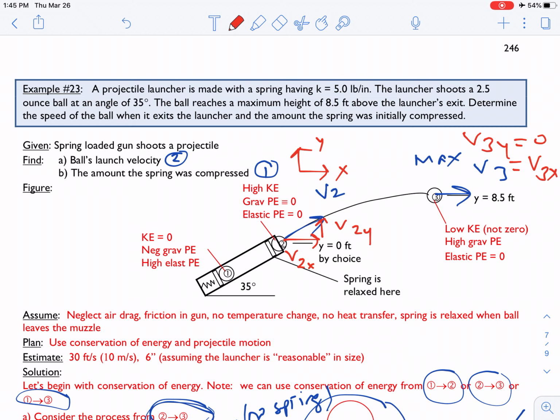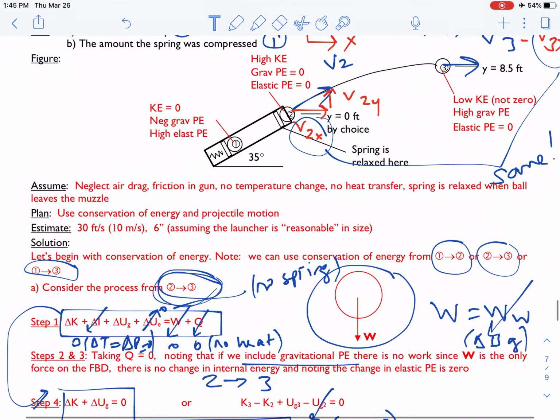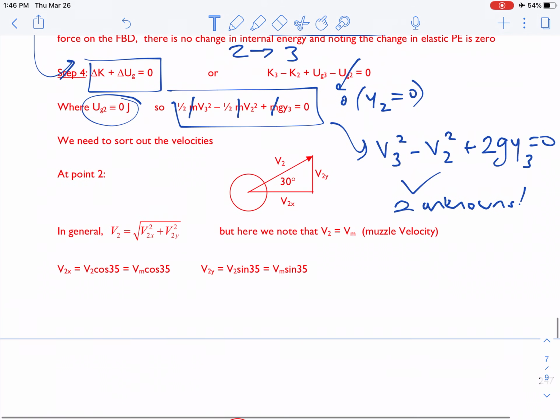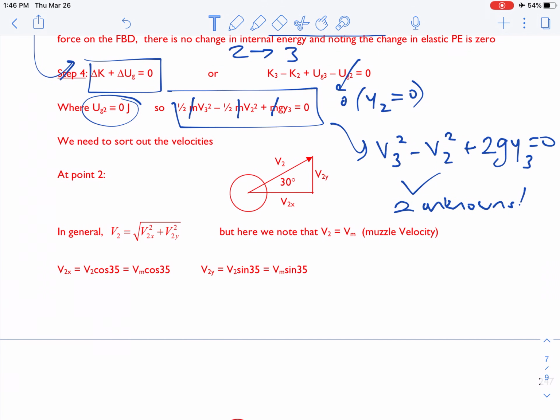Remember that at the apex, it only has the x component. And if you remember, in projectile motion, the x component does not change. That means v2x and v3x are the same. That's really important. So that's how we're going to relate them. Although they look like two unknowns, there's a relation between them.